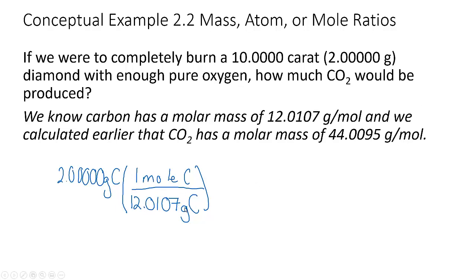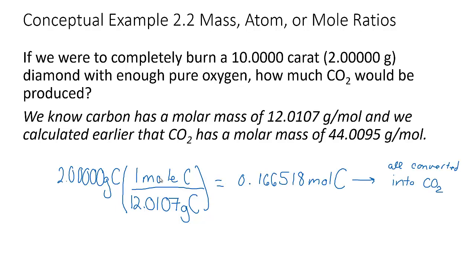And so always it's molecular weight from the periodic table goes right next to grams, and then 1 mole is on the top. And it's always 1 mole. It's not 2 moles, 3 moles. In this case, oxygen, it's not 2 because of the subscript, it's just 1 mole. So periodic table number goes with 1 mole. Alright, and then you multiply that together, and that would tell us how many moles of carbon we have within this diamond.